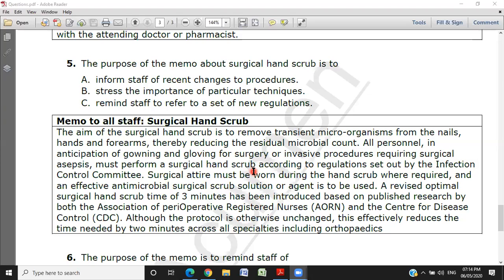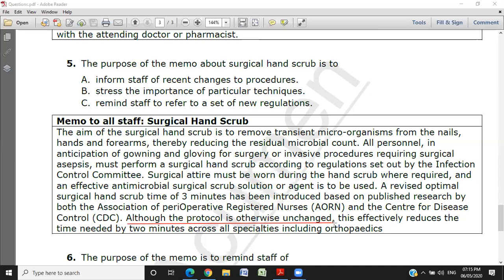So are they introducing a new protocol, or are they changing the existing protocol? Not new, but in the last line they have added "otherwise unchanged", but effectively reduce the time in the orthopedics, 2 minutes.